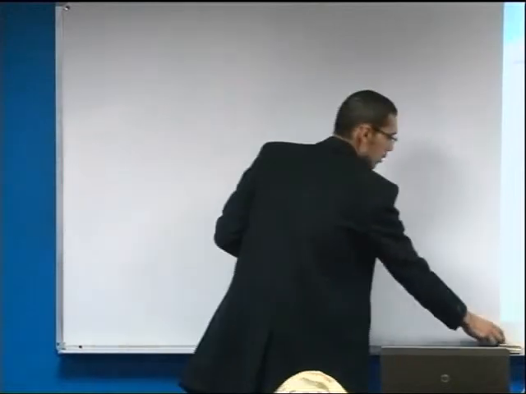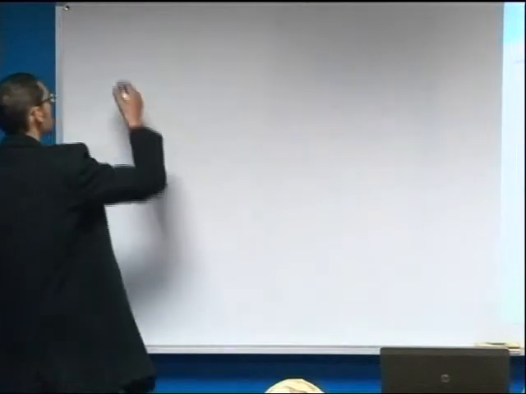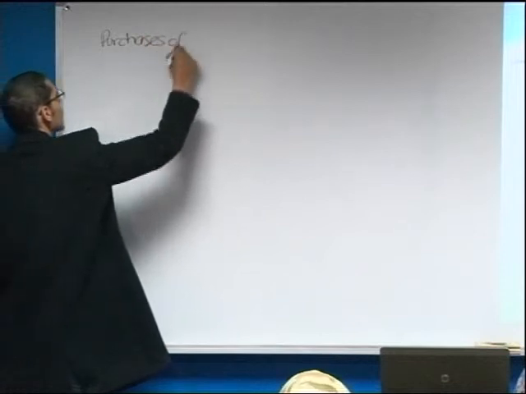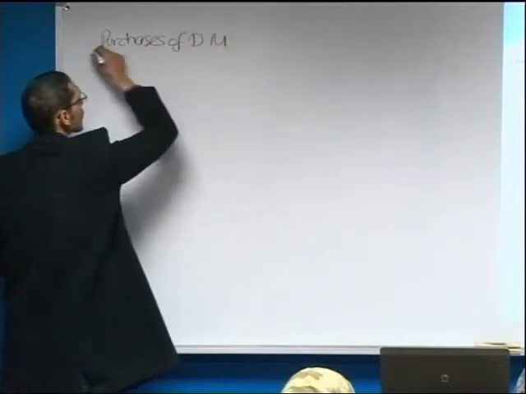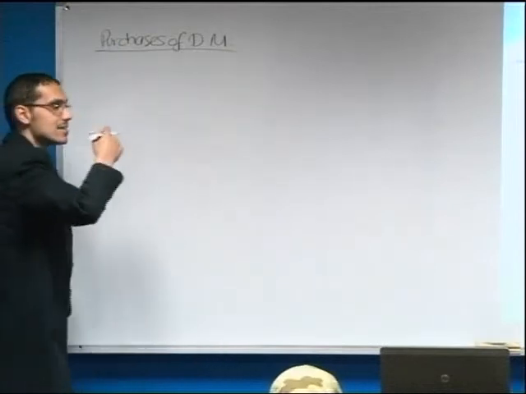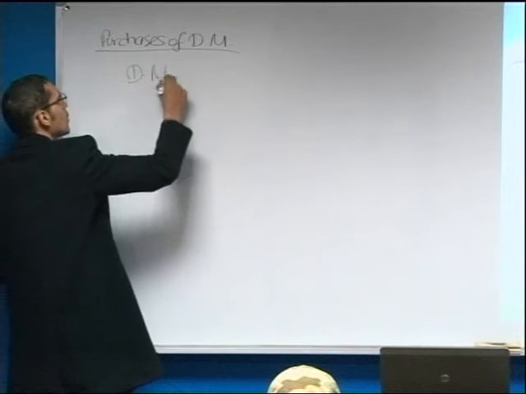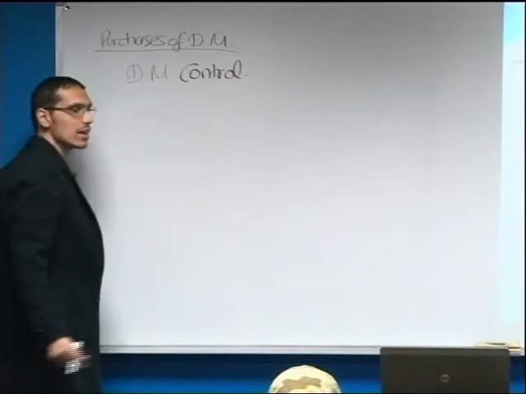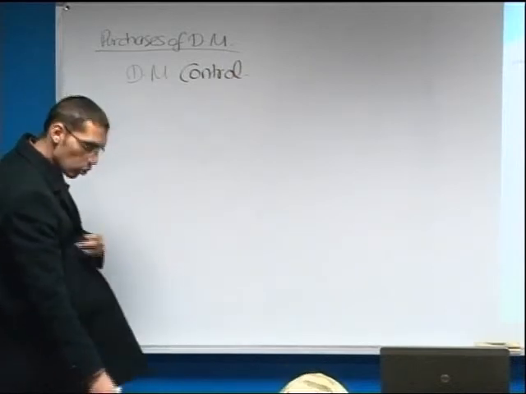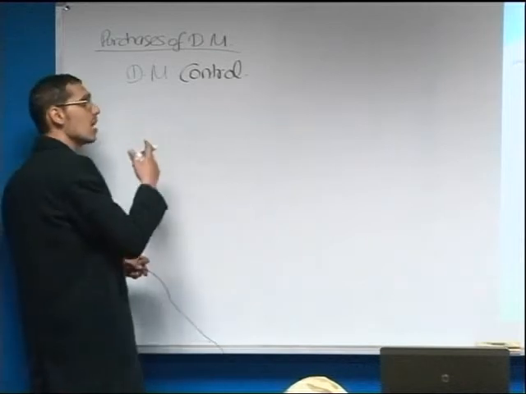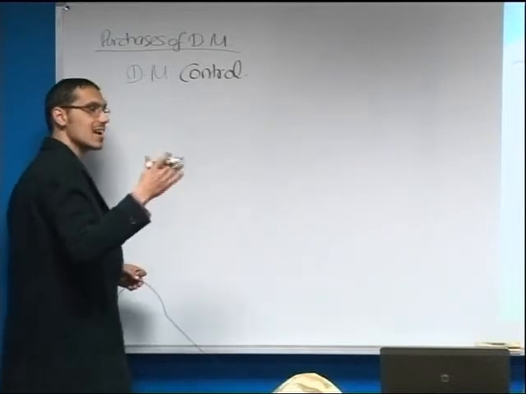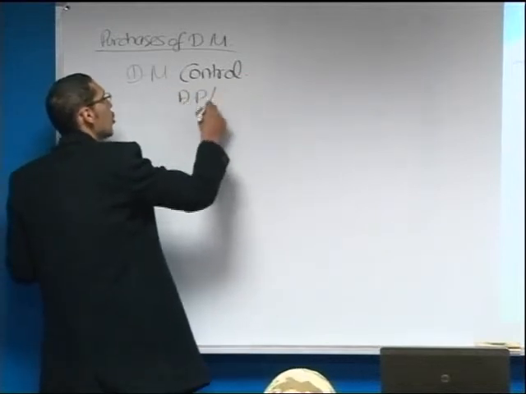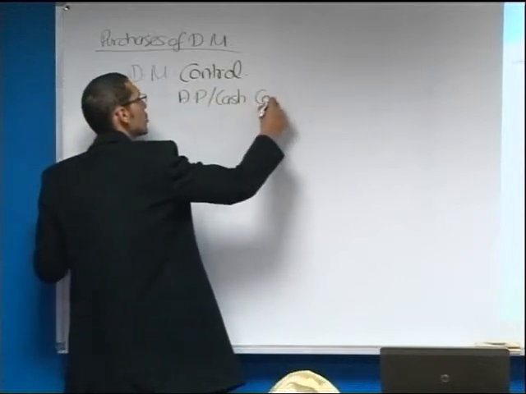Therefore, if we have purchases of direct materials, we would recognize the direct materials as an asset, and we would recognize the cash that has been paid in order to purchase the direct materials, or we would recognize the liability for this purchase, therefore the accounts payable or the cash control.